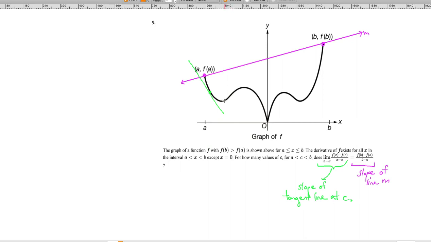So now if I look maybe about right here, I'm going to say that that tangent line is equal. So let me try my best to draw that. Maybe right there, let's try and shift it so it actually matches. Maybe something like this.